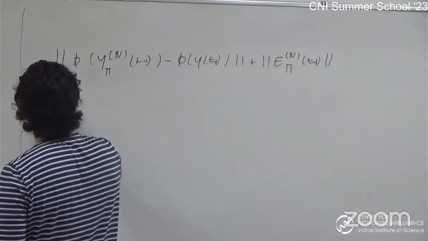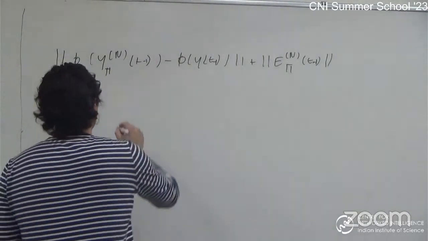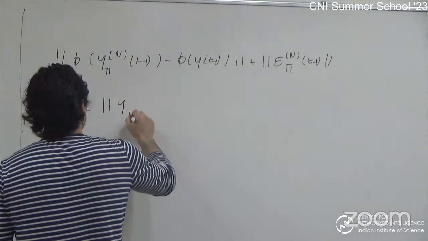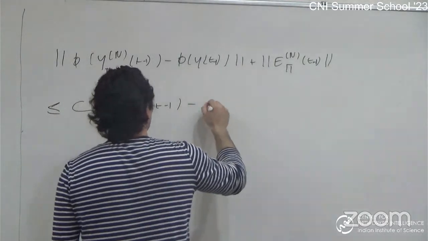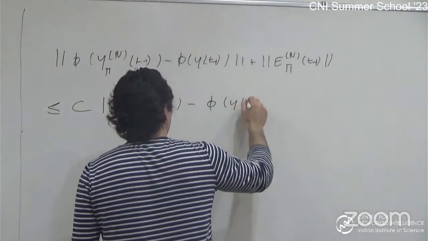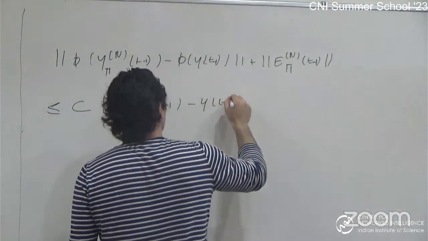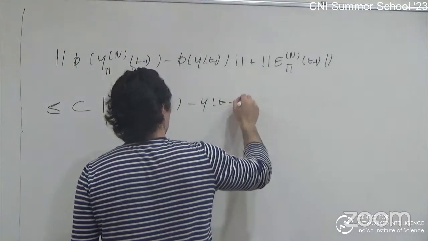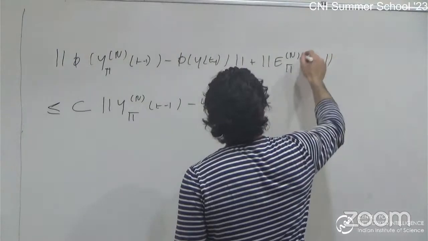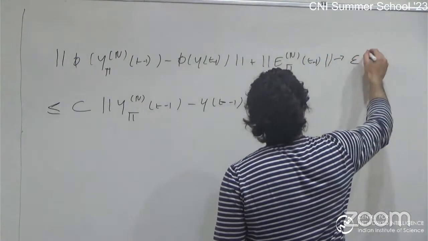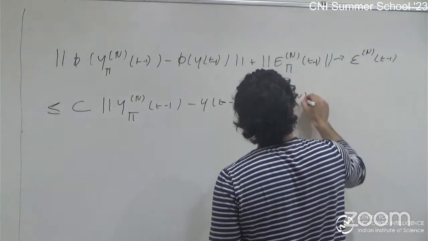It means this can basically be bounded by a constant, in this case equal to 1, times y pi of n t minus 1 minus P of y plus 1, plus my error. This error now we call epsilon n of t minus 1 plus epsilon n of t.